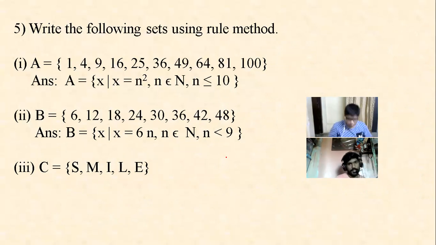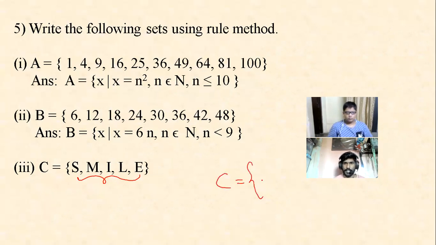How will you write it in the set builder form? What does the set C have inside it? Letters. Letters, correct. So this is a very simple way of writing it.